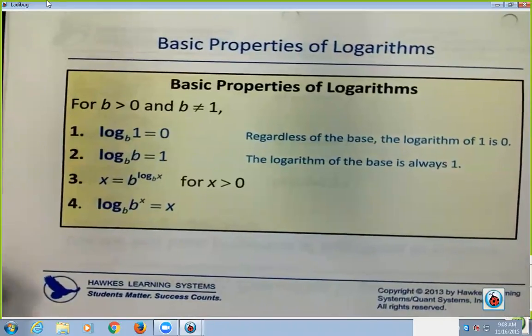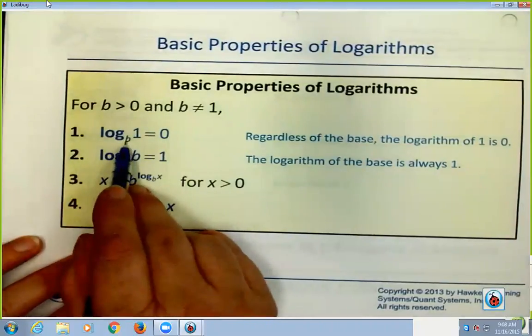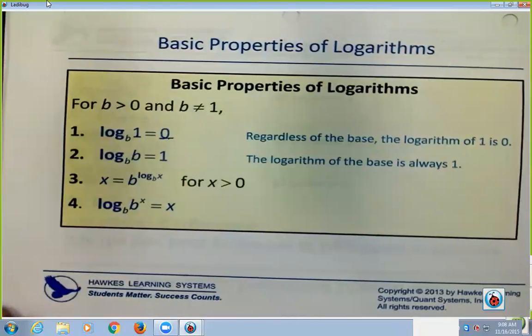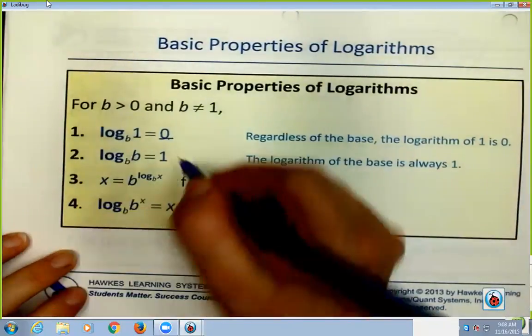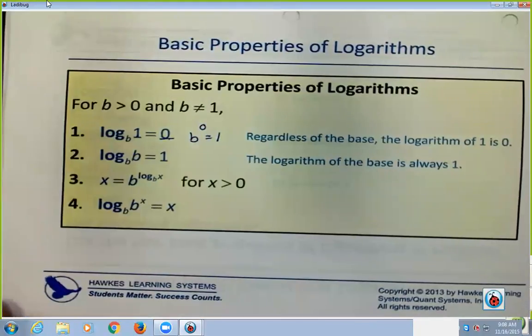In here, what do we have happening? So if I look at this piece, if my base here is b and I've got a 1, it's always going to be equal to 0. Because if I reverse this, b to the 0 power is equal to 1.